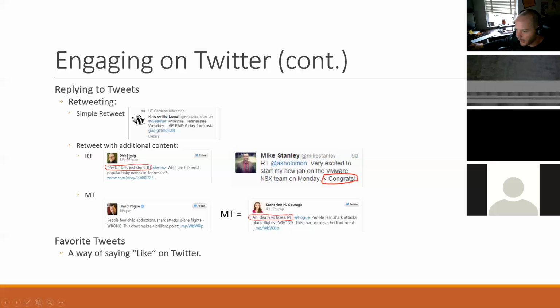So he added, about Pekka, who's the name of the Nashville Predators goaltender, by the way, "Pekka falls just short." And that RT indicates that the information after that RT was a tweet originally tweeted by @WSMV. Does that make sense to you guys?